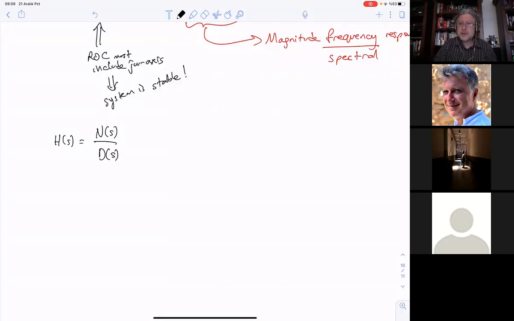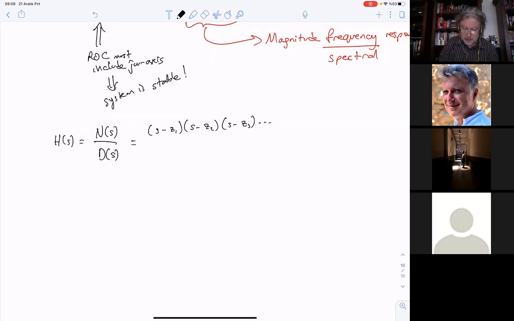And the numerator and denominator are, let's say, just put into first order parentheses, like s minus z1 times s minus z2 times s minus z3 times etc.